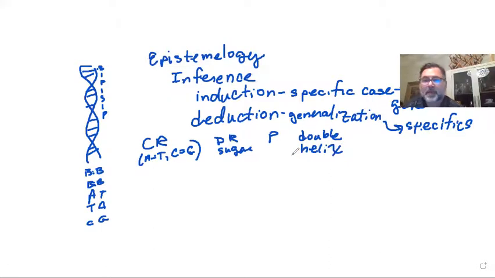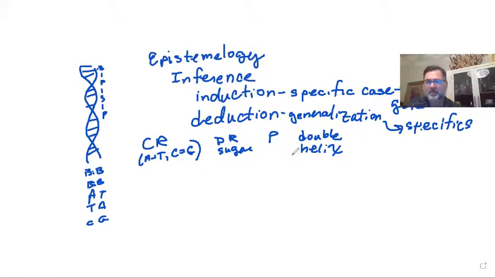Remember, they knew it was a double helix from the work of Rosalind Franklin. So Rosalind Franklin, working with them, showed it was a double helix. So that was a big chunk of the puzzle. But the other parts were how the double helix was actually the substructure of those, right?